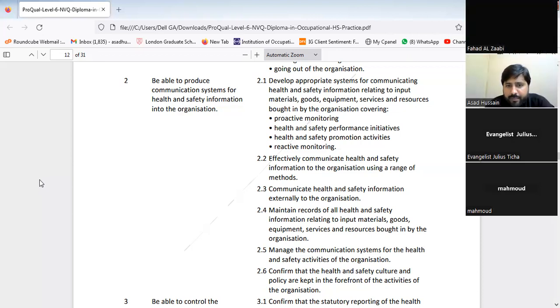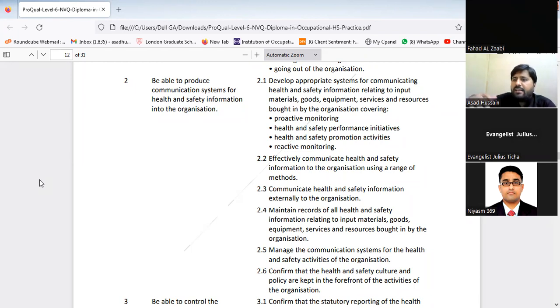Yes. Okay, now moving forward to 2.5. Excuse me, Mr. Asad. Yeah. In this case, you mean how we are storing the materials? I'm saying that in your organization, you are receiving equipment, materials, services, goods from outside.